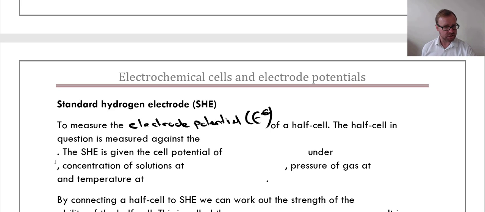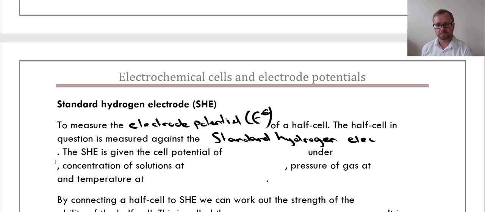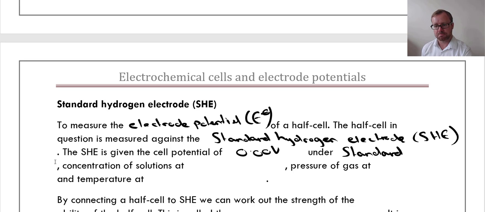The half cell in question is measured against the standard hydrogen electrode, which is usually shortened to SHE, and the SHE is given the cell potential of 0.00 volts under standard conditions.